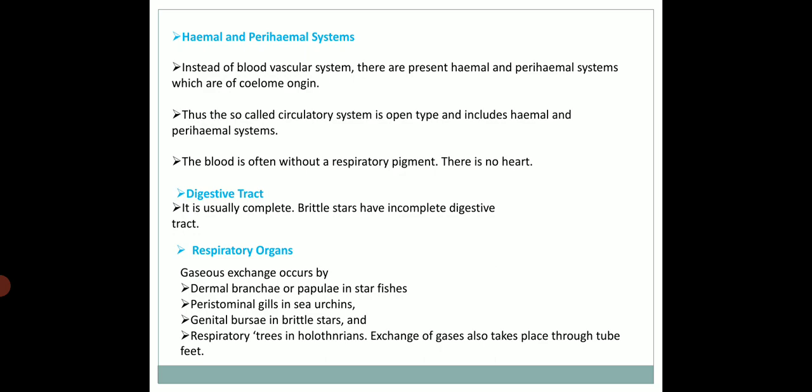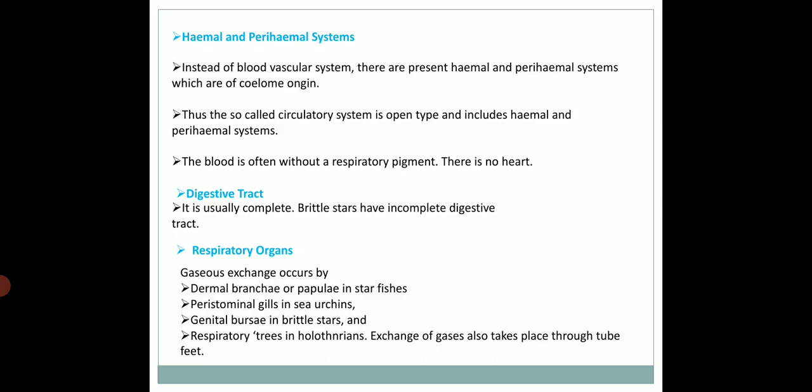The hemal system is made up of intercommunicating channels which contain coelomic fluid, where the waste gases go out of their bodies and the good gases get into the body, and later this coelomic fluid helps in the transport of blood and body fluids around the body cavity. So that is the hemal system.